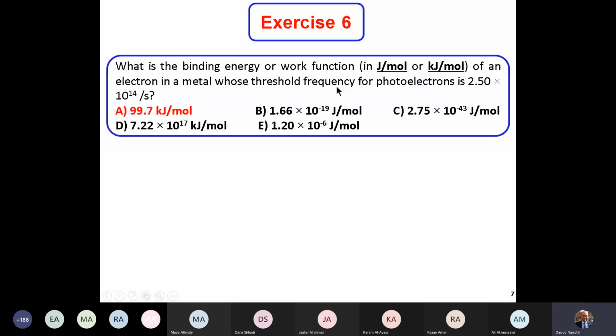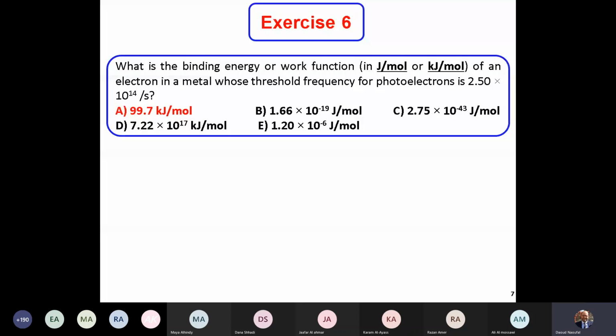What is the trick in this exercise? In the photoelectric effect, when the radiation strikes a metal, we have an electron ejected, and the electron ejected has a certain energy.